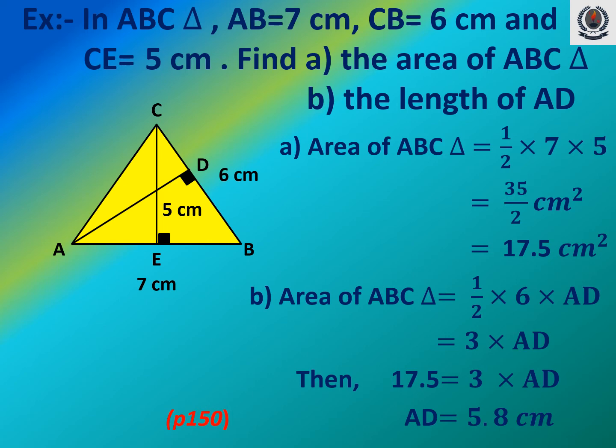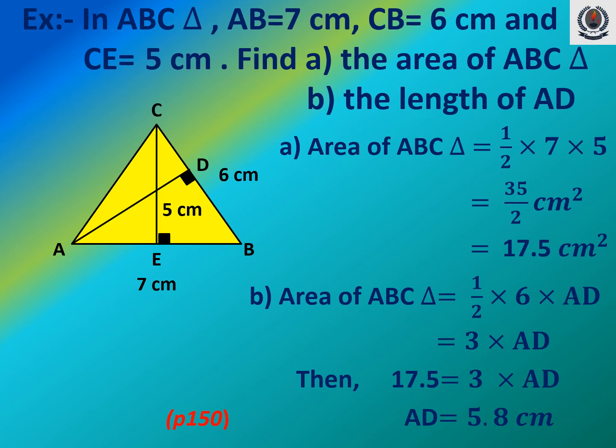First of all, we can find the area of triangle ABC. Half into, what is the base? It is 7. Perpendicular height is 5, then 7 times 5 is 35, 35 divided by 2 square centimeters. Further we can simplify: 17.5 square centimeters.